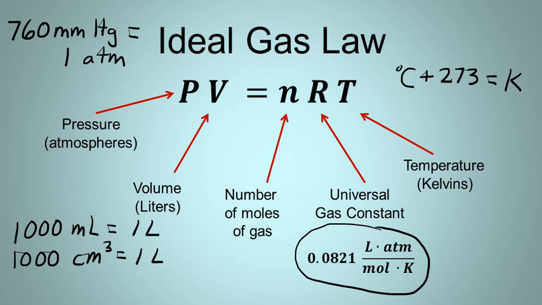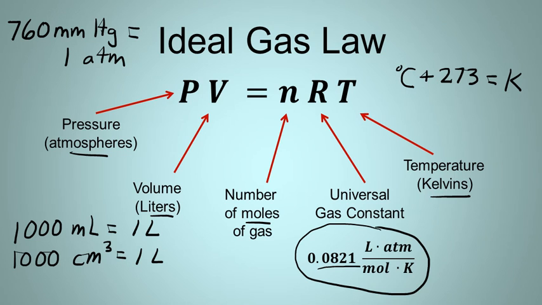And it has units, as most constants do. It has some funny units, liter atmospheres per mole per Kelvin. Now, if you use the correct units, atmospheres and liters, moles and kelvins, then everything should work out correctly, and you should be able to use the 0.0821 without any problem.